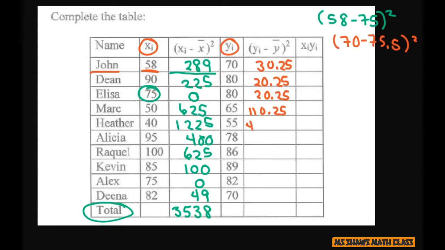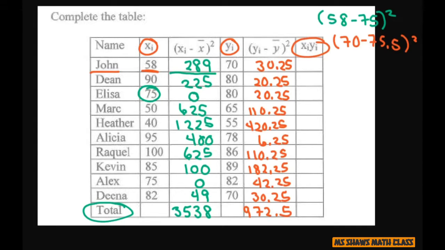This one's 420.25. 6.25. 110.25. 182.25. 42.25, and 30.25. Then you add all these up and you get 972.5.